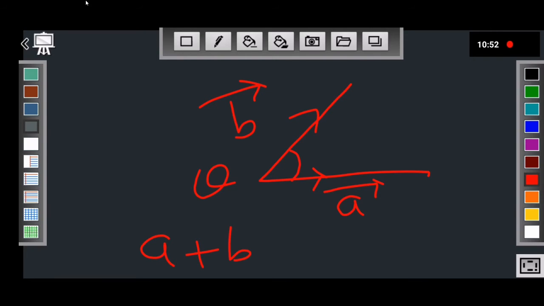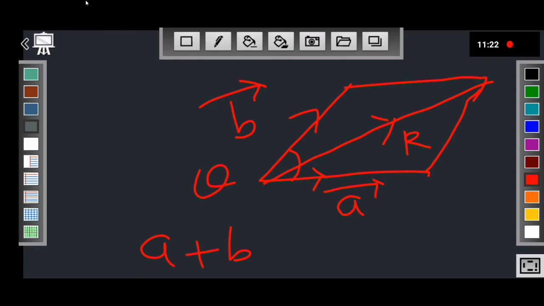For this, first of all, let's draw a parallelogram. Then the resultant of a vector and b vector is the diagonal originating from the same point. So this will be the resultant. This you have learned in the parallelogram law of vector. We can denote the resultant vector by r.